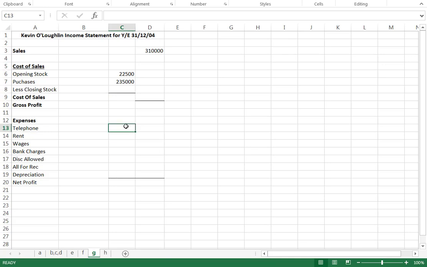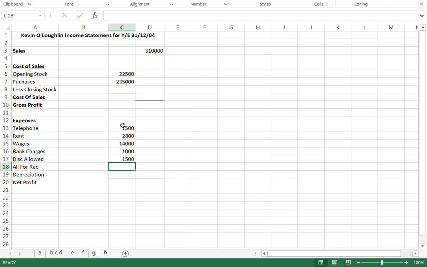That's fine. Then we can take these direct from the bank account. So telephone 1,500, we've just calculated rent as 2,800, wages 14,000, bank charges, they told us their bank charges 1,000, discount allowed of 1,500.